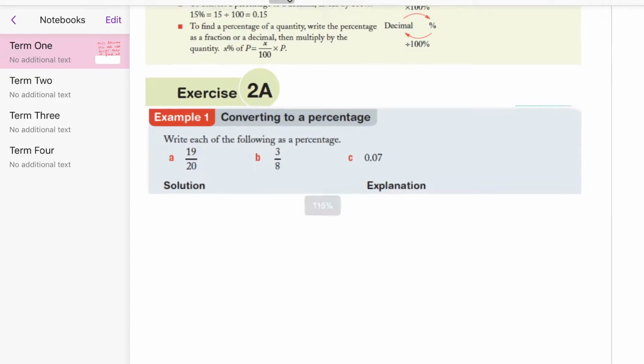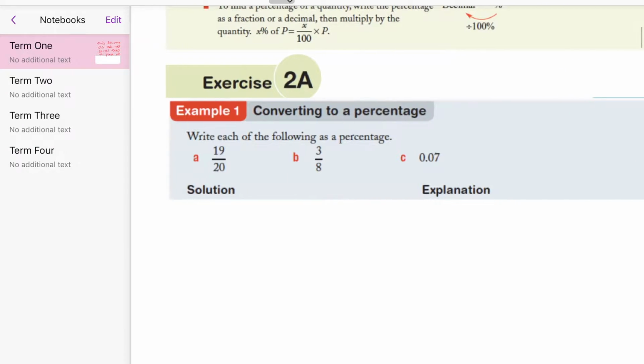If we have a look at the very first example and part A of this example, it's 19 over 20. Now 20 is a number that we can actually change to be over 100. We can make it to be 100 by timesing it by 5.